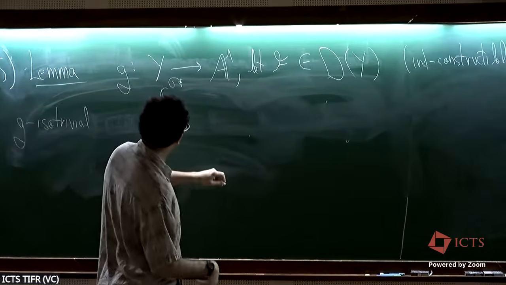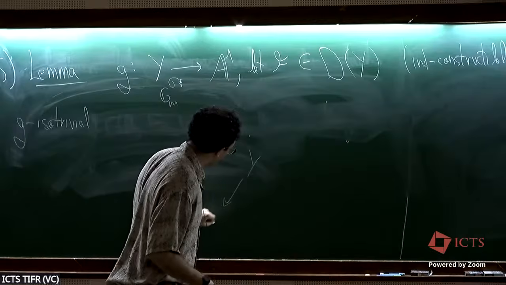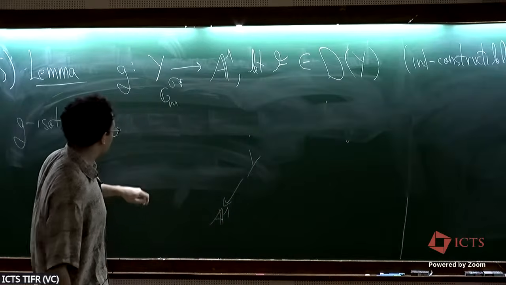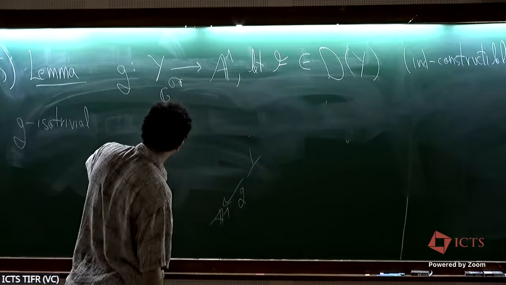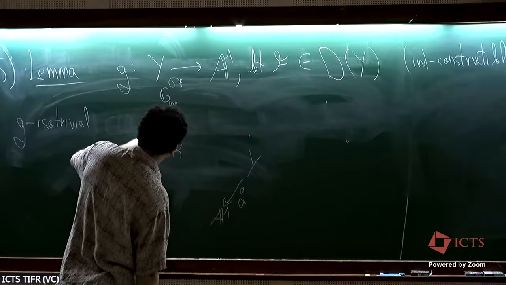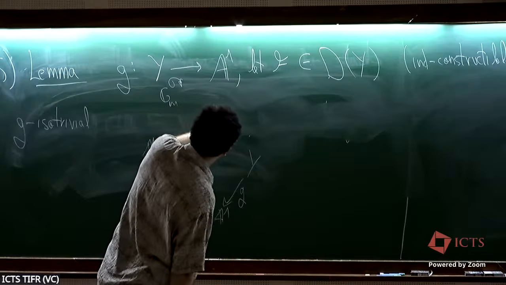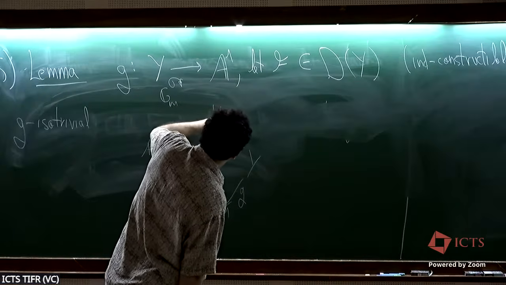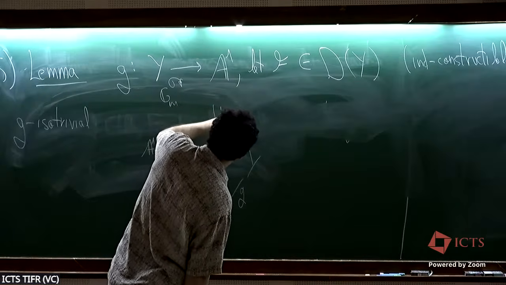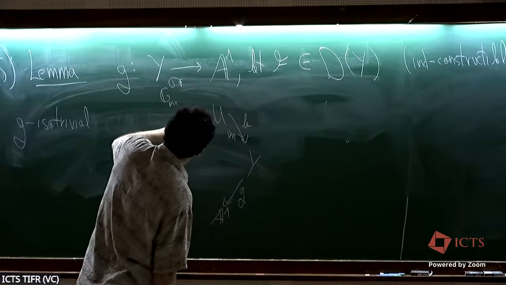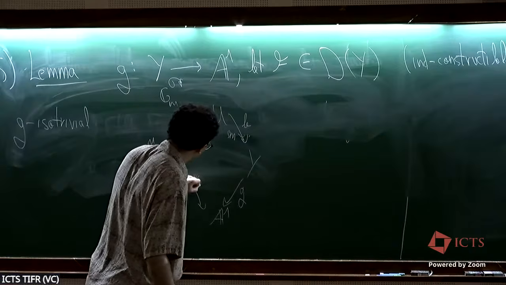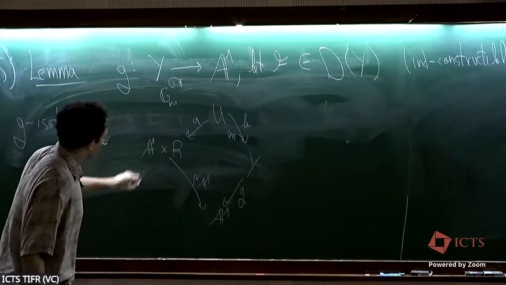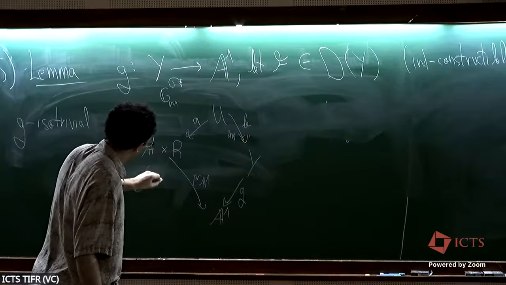This means that I have this map from Y to A1, and this map itself is going to be locally a product. So locally, like R times A1. So there are smooth maps a and b. And here, this is the projection to A1. Here, there's the projection to the fiber R.